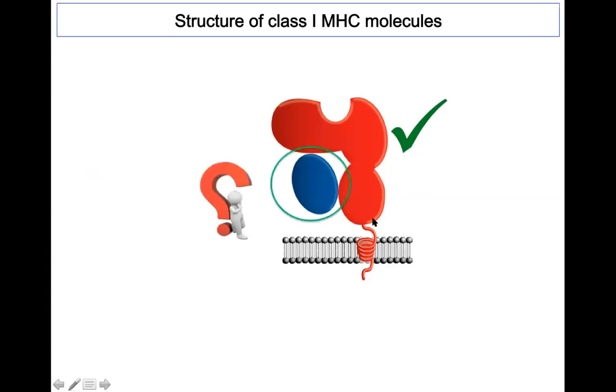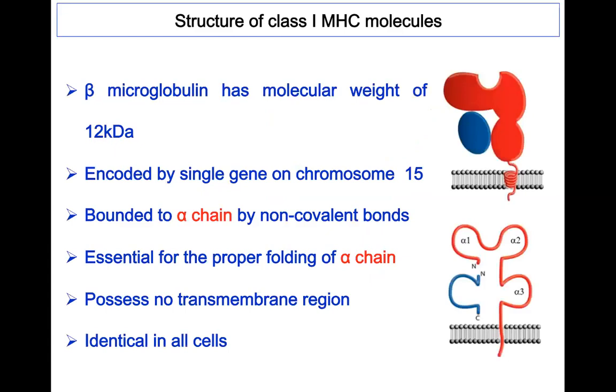Let's talk about the next part, that is beta microglobulin. Beta microglobulin has a molecular weight of 12 kilodalton, and is encoded by a single gene on chromosome 15. So keep in mind that this is a very important question, and in several exams they usually ask where the beta microglobulins are located.